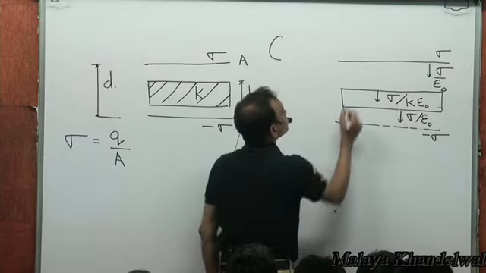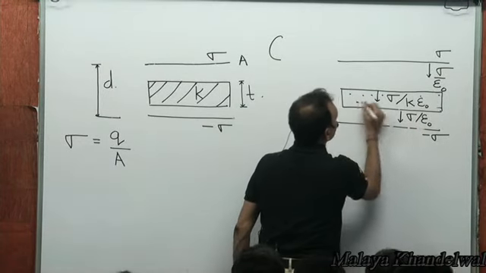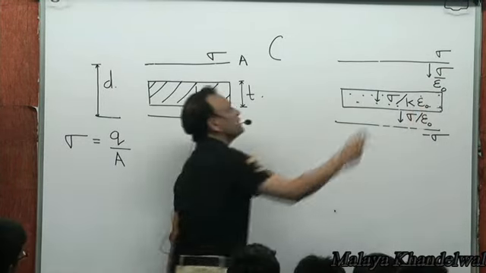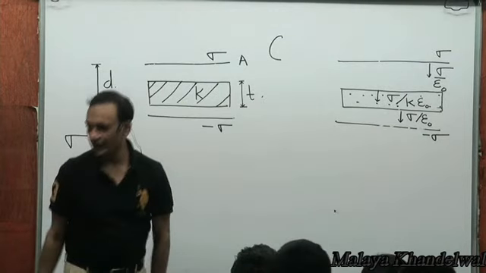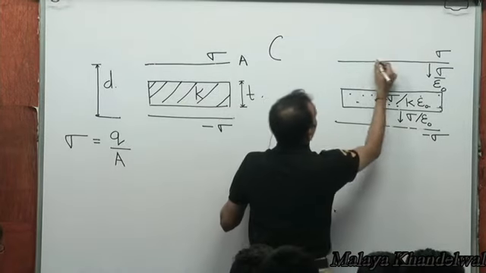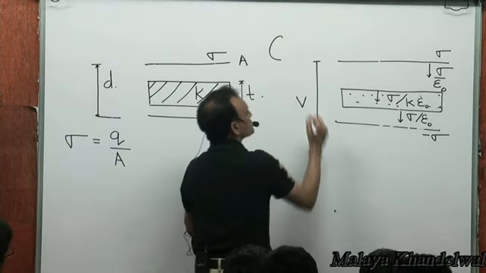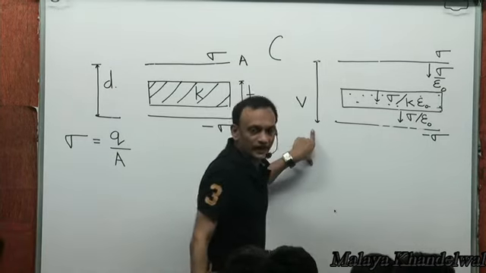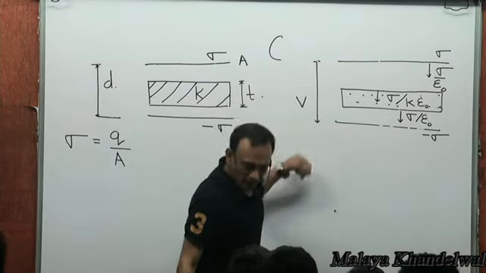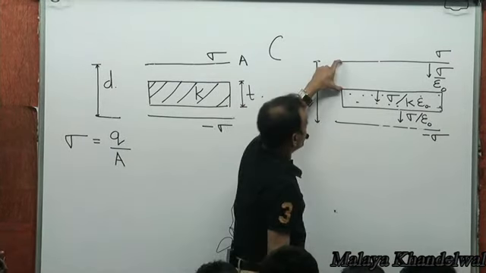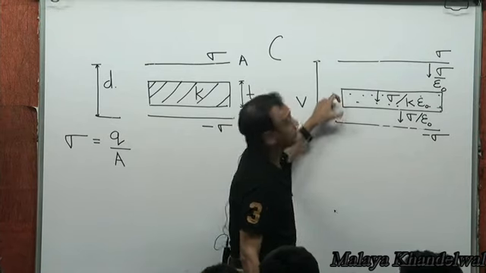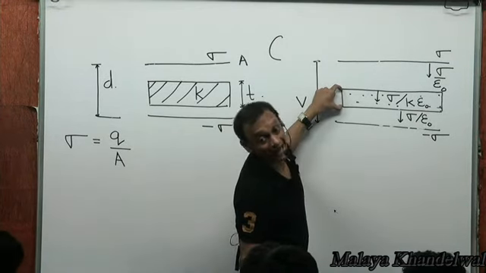Now, there is T units of the dielectric and D minus T units of air. The total potential drop between the plates of the capacitor, from the positive to the negative plate, will become the drop because of the air region plus the drop because of the dielectric.